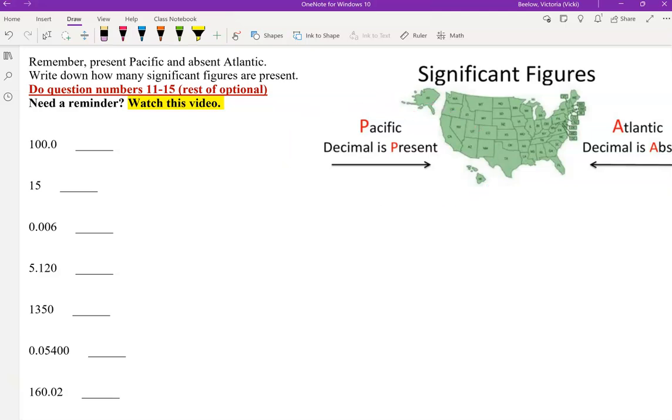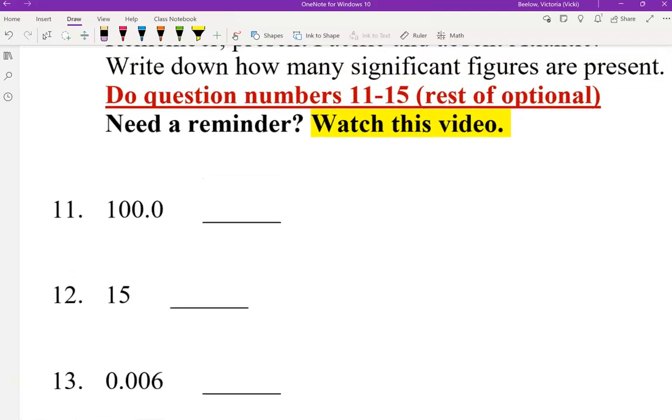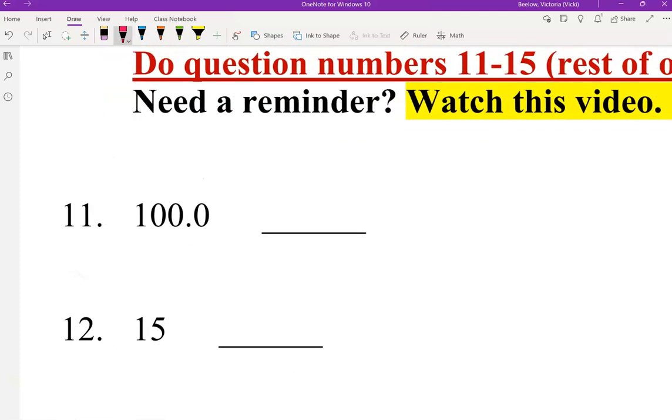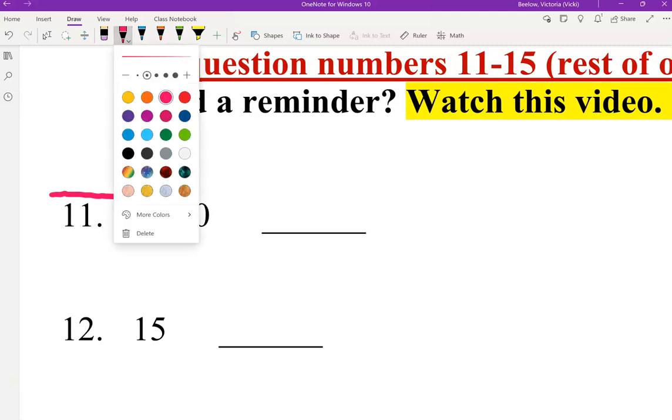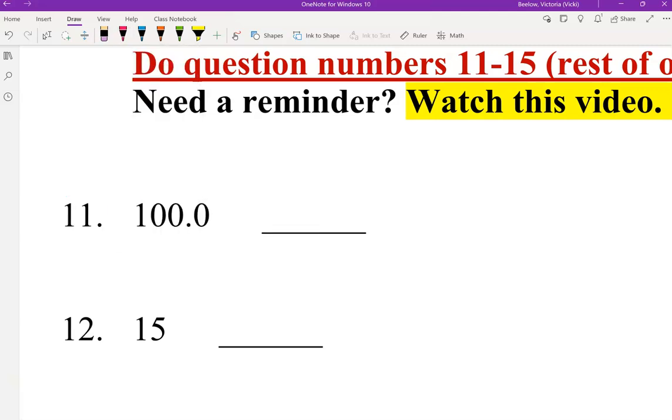So we're going to approach this number from the left side. If this number is the United States, then over here would be the Pacific Ocean. So we're going to approach that number, and the first number that you come across that is not 0, any number besides 0, we're going to count as significant and everything after that as significant.